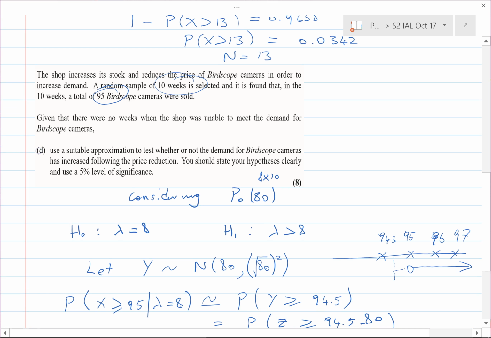Okay, so we're given a value of test statistic, as I said, of X greater than or equal to 95, given that lambda equals 8. We need a continuity correction, and I normally draw those on a number line and go back a bit. So we want the probability that X is greater than or equal to 95.